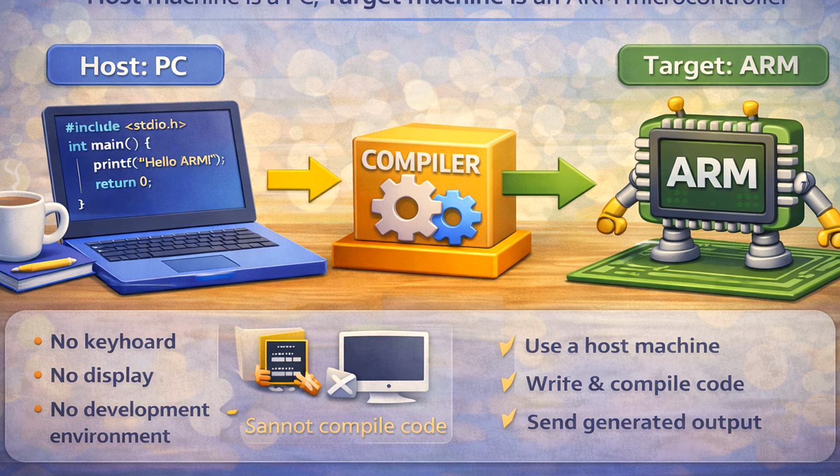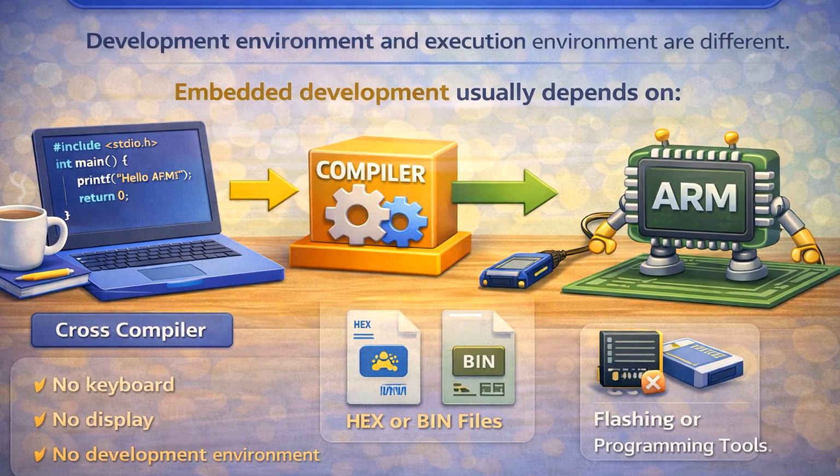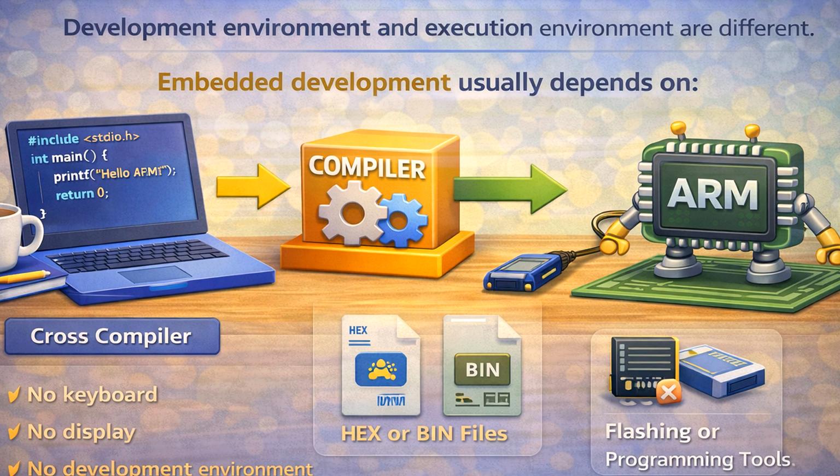That is a cross-compiler. This is completely different from native compilation. This is why cross-compilation is the heart of embedded systems. In embedded systems, the development environment and execution environment are different. So embedded development usually depends on cross-compilers, target-specific toolchains, hex or bin files, and flashing or programming tools.